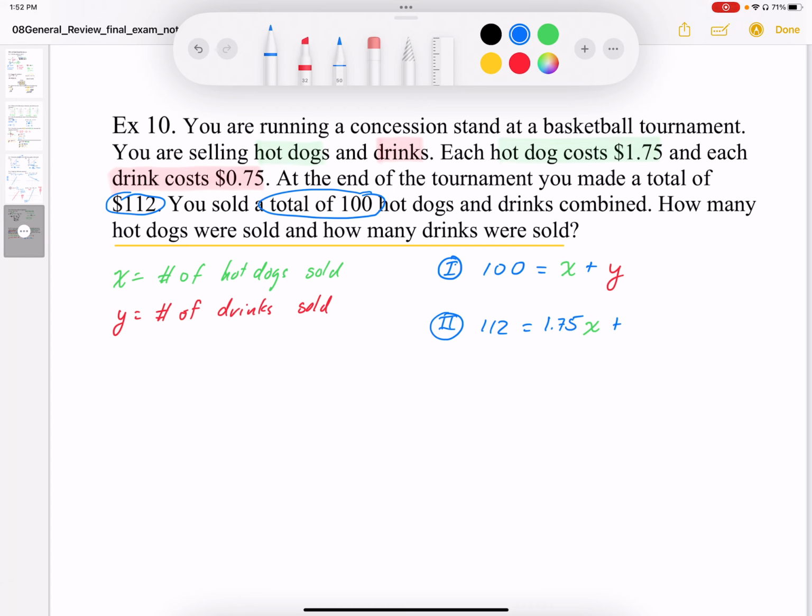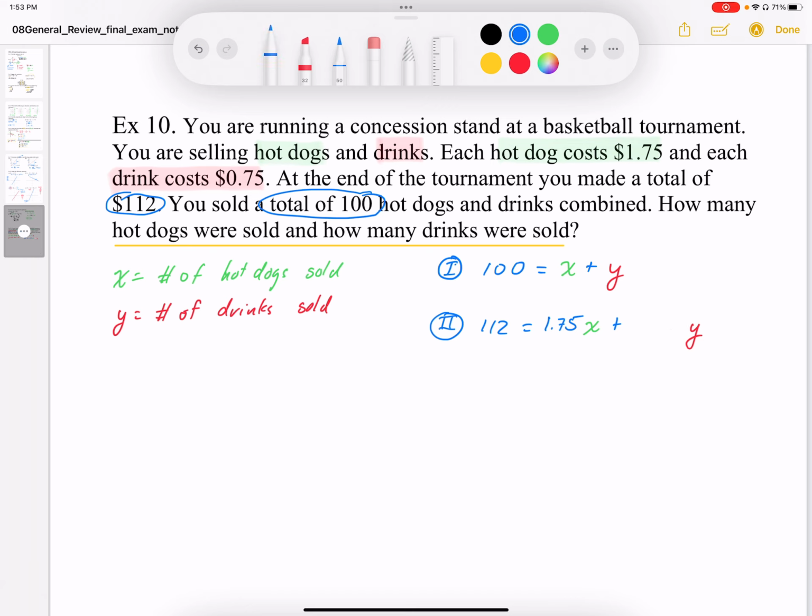To get the amount of money from the drinks, we can take the cost of the drinks, which is 75 cents, and then we're going to multiply that by the number of drinks, which is y.